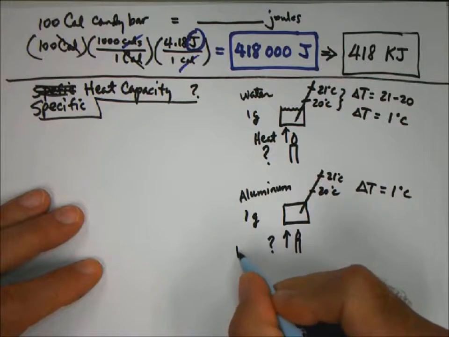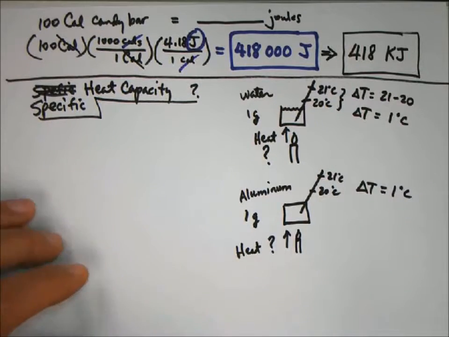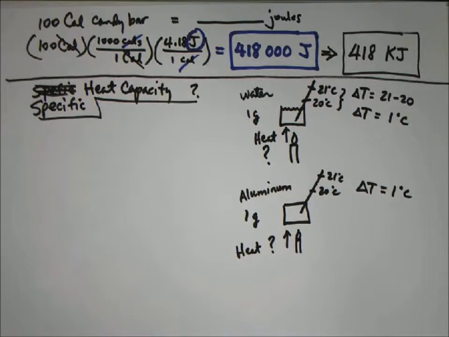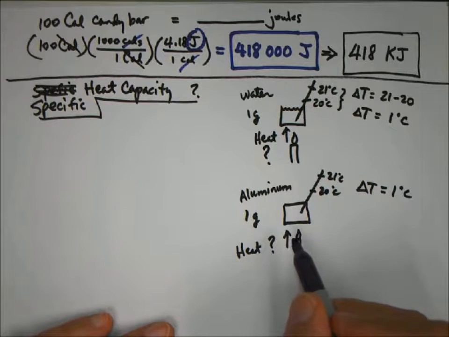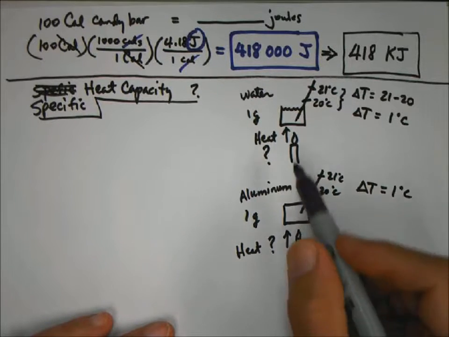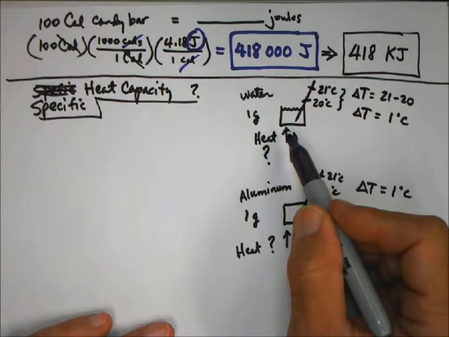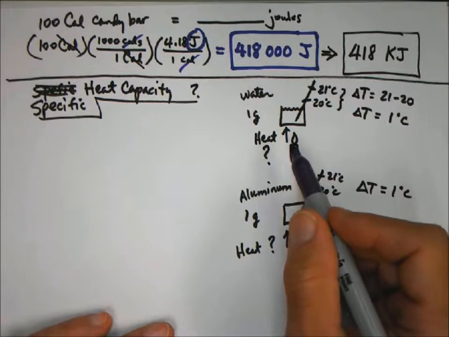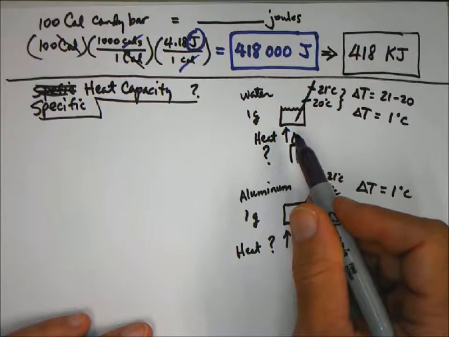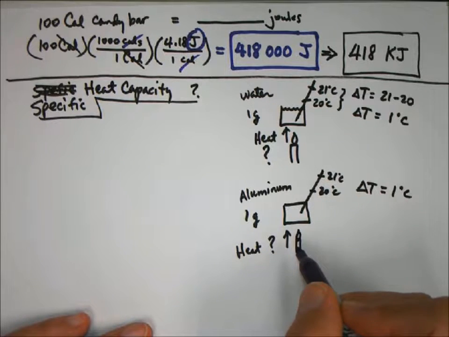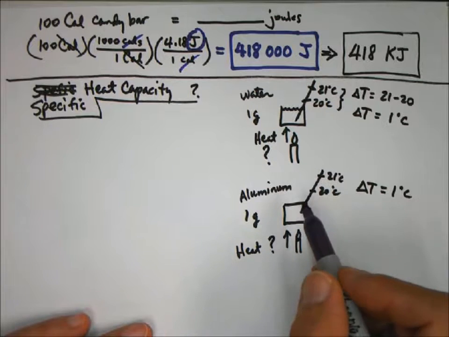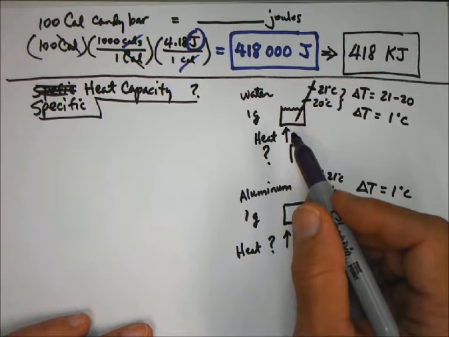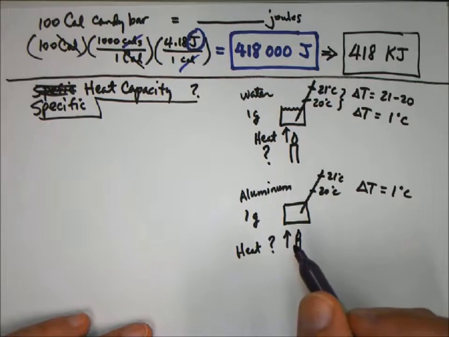Do you think the amount of heat needed is more than the amount needed to raise the water by 1 degree? Is it the same as needed to raise the sample of water by 1 degree? Or do you think the amount of heat needed to raise the aluminum by 1 degree is less than the amount needed to raise the same mass of water by 1 degree?